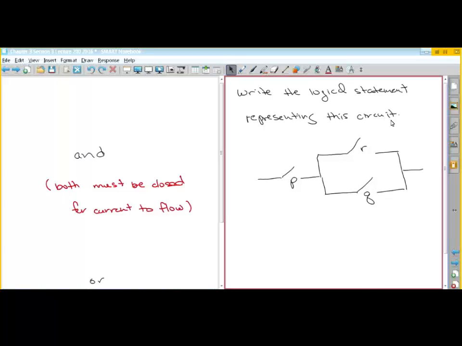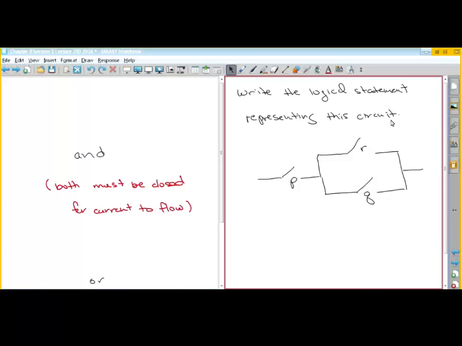You see we've got these two that are in parallel. Was it the and or the or that we said was the parallel thing? Or. Yeah, it's the or. These switches represent the statements, where closed is true and open is false.